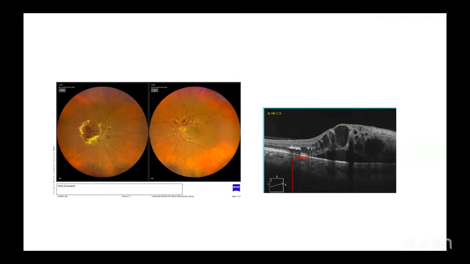Literature has suggested that fenofibrate helps in reducing the exudative maculopathy in diabetic patients.